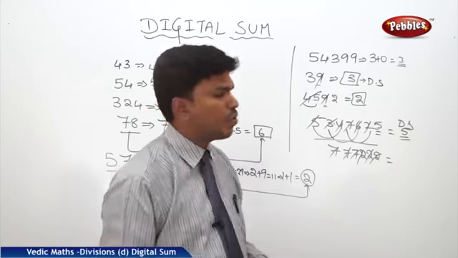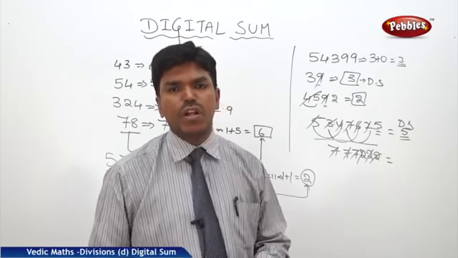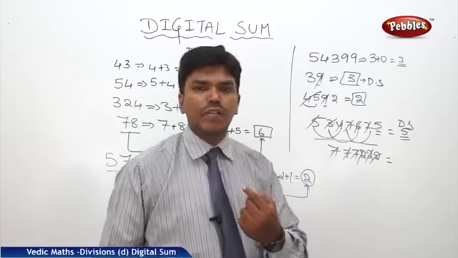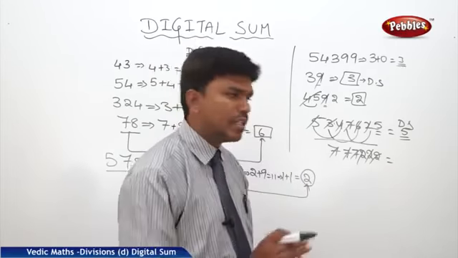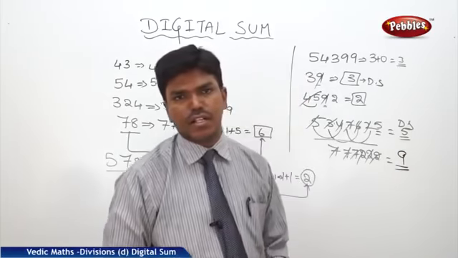You will never get it. So if all the digits are ignored because they add up to 9, without leaving a single digit, the digital sum is simply 9.